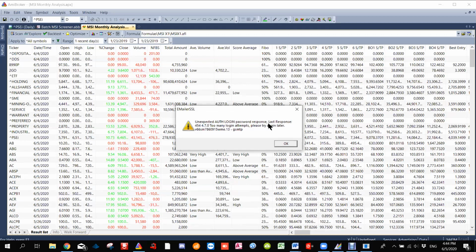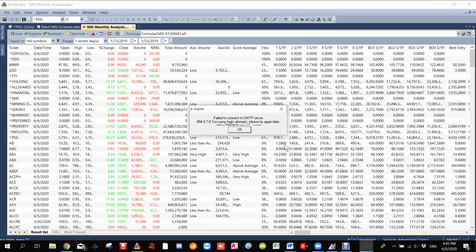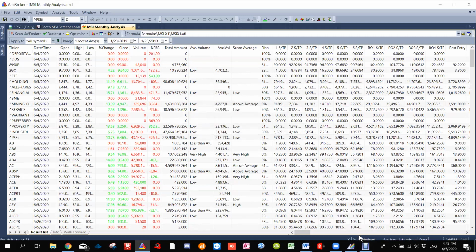Okay, so itong error na to is actually coming from the Gmail, no? Kasi sa sobrang dami ng binibigay nating feed, nagreklamo na yung Gmail na sobrang maraming login attempts daw. Okay, so pag nakita kayo ng ganyan na error, i-close nyo lang. It's just saying na napakadami mo nang sinend na email. Yun lang yun.